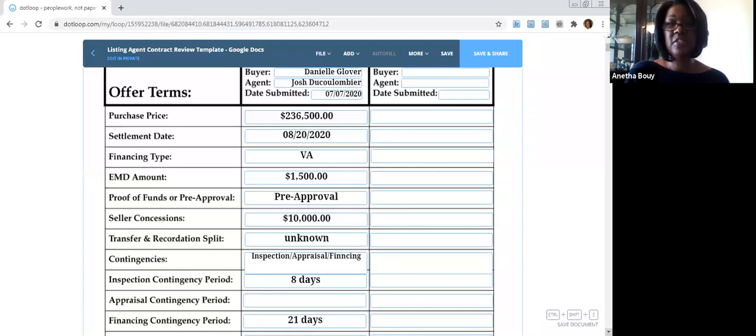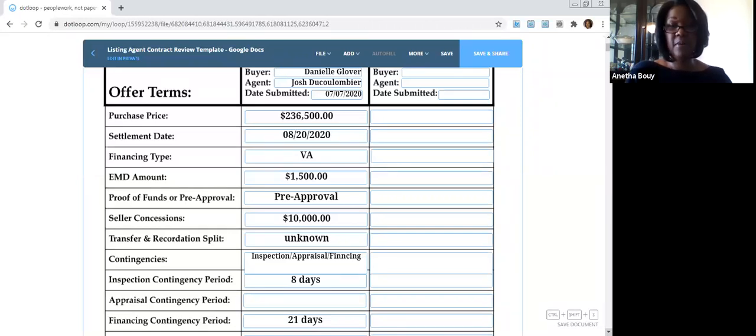They say that they can be to closing on 8/20 or before. This is a VA loan. Their earnest money deposit is $1,500. They do have a pre-approval letter, and they're asking for the seller to give $10,000 in concessions or closing help.